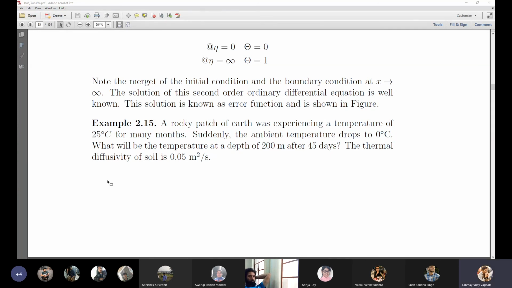Sir, why do we take half of the width of the plate? Because that is the length which heat needs to travel. Suppose you imagine yourself in a room where you have a door open on the left side and the right side. If you are near the right side door, you will not travel the entire distance to the left side door. You will escape through the nearest door.